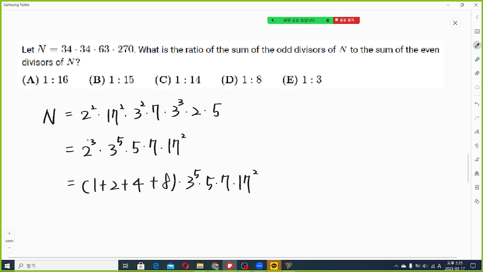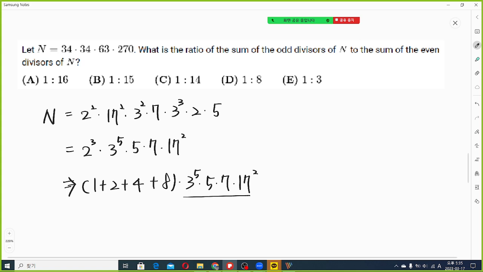Because we can expand this two cubed to the sum of one, two, four, and eight. If we want to make the divisors from two cubed, we can make these divisors factors. So that means if we multiply one to the rest, that will be the odd divisor.